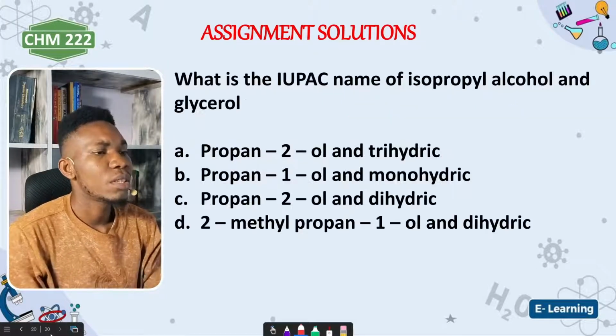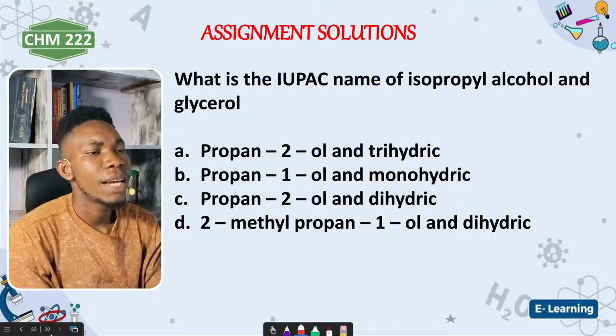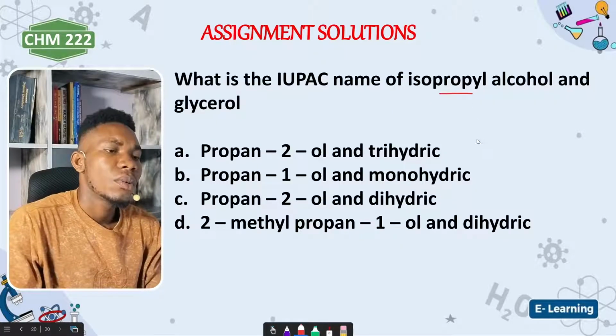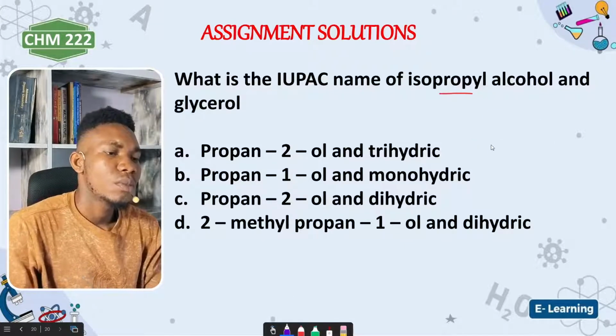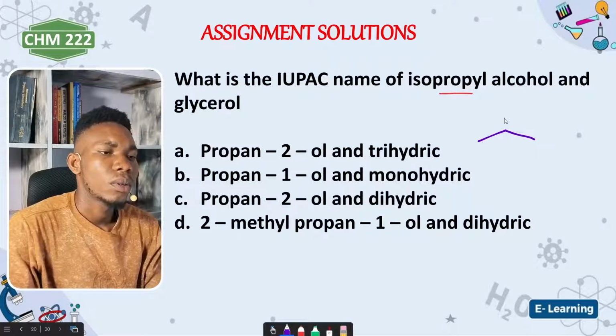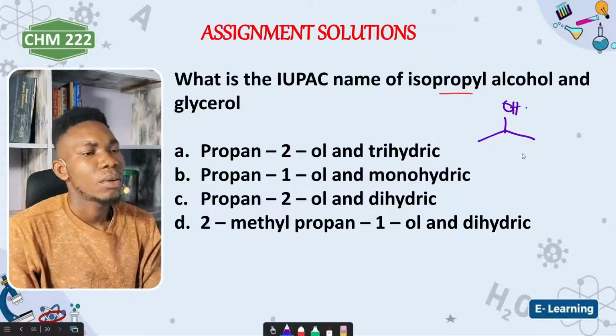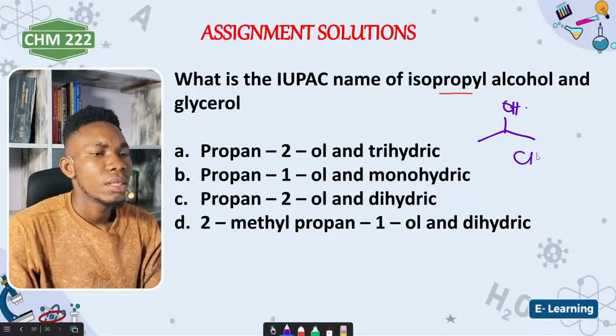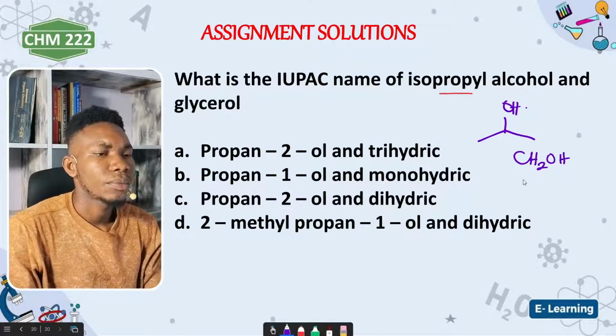All right. The next one is, what is the IUPAC name of isopropyl alcohol? This is the structure of isopropyl alcohol. And glycerol. This is the structure of glycerol. Glycerol is a trihydric alcohol.